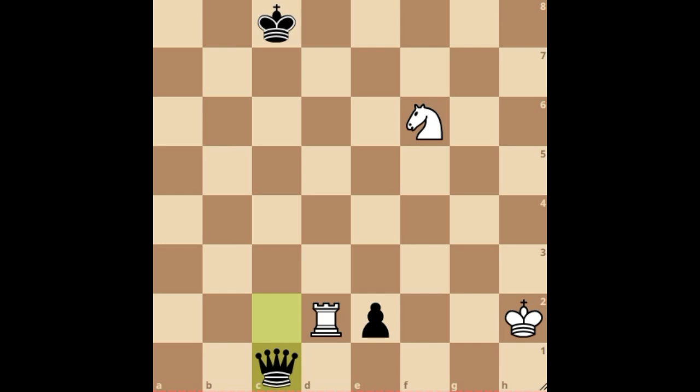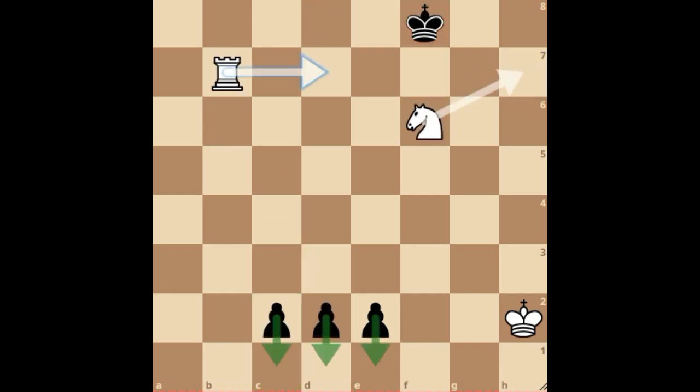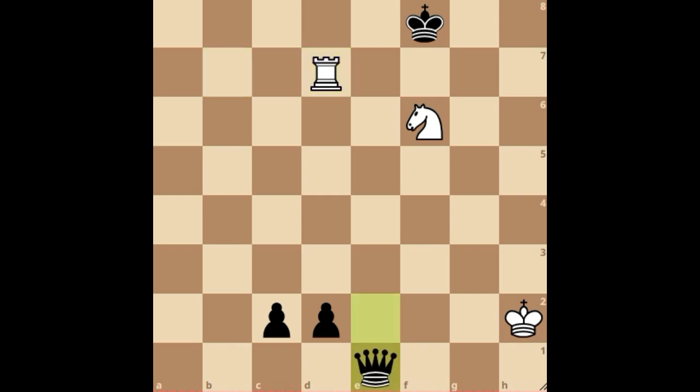So going back to the original position, what do you think is the correct move? The correct move is rook d7. The main thing is you might think, what happens if black queens here? It really doesn't matter because once it queens, now you can give a drawing combination.